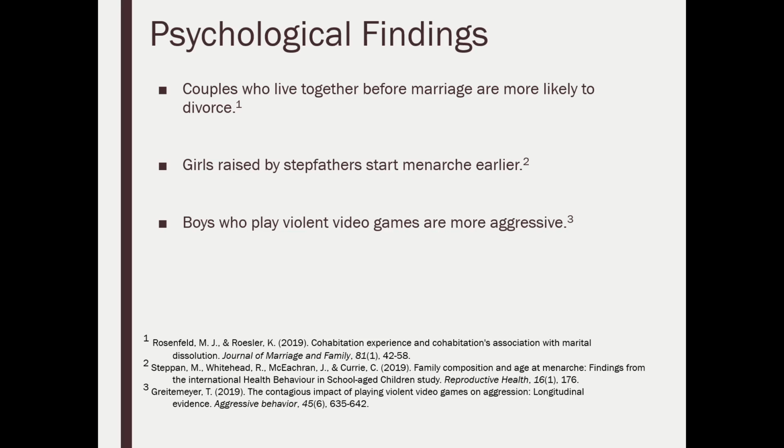Because when we look at, let's just use couples who live together before marriage, we see on average a higher risk of divorce among people who cohabited before their first marriage.